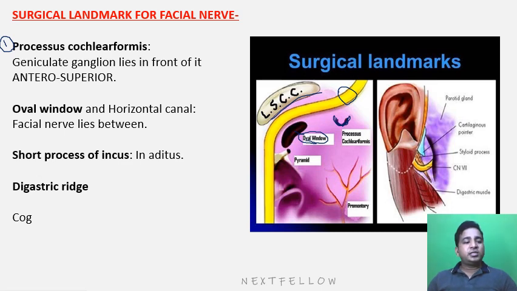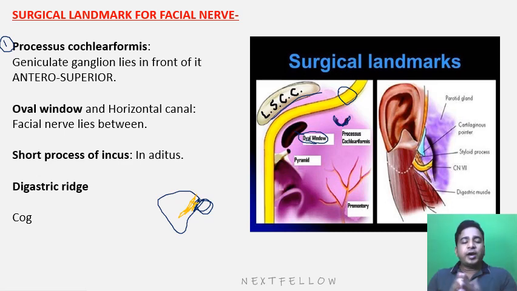The third landmark is the short process of incus. Whenever we open up the mastoid cavity, suppose this is my external auditory canal and this is my mastoid cavity. What happens whenever we drill at this area? Whenever we drill at the mastoid area, once we reach the antrum, we can appreciate the short process of incus.